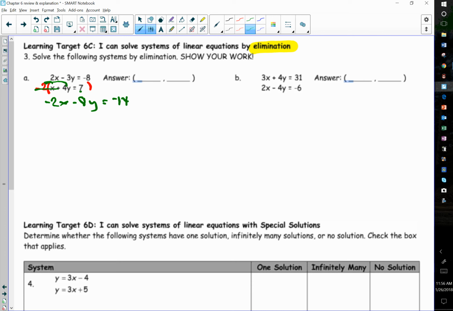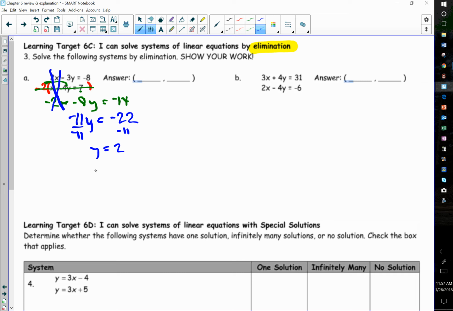So I've transformed this second equation into my new equation, and now I'm just going to add. 2x minus 2x, those eliminate. Negative 3y and negative 8y makes negative 11y. Negative 8 and negative 14 gives me negative 22. And I solve for y by dividing by negative 11 and get y equals 2.